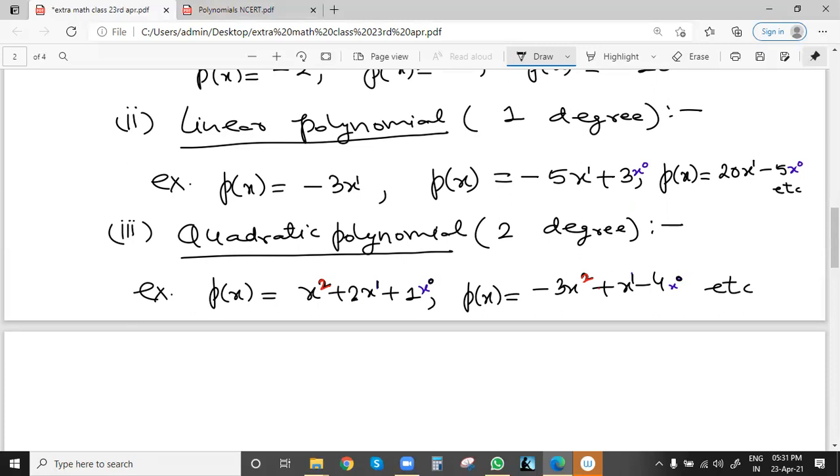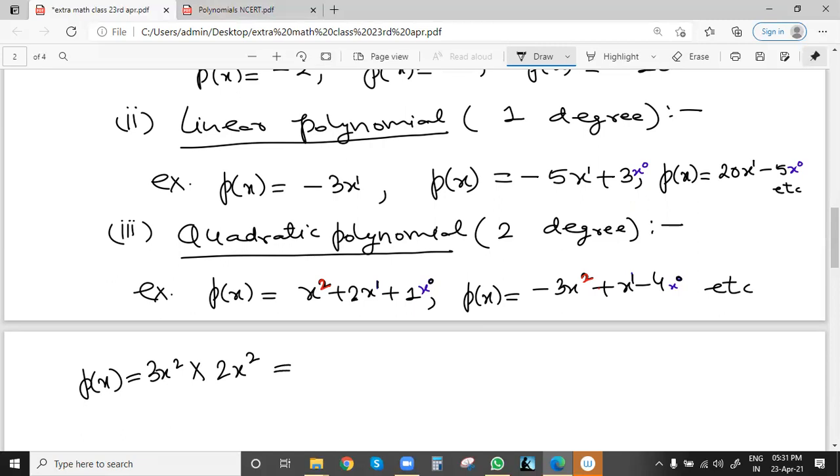Sir, I have a doubt. Yes. When there is a polynomial like 3x square multiplied by 2x square, what will the degree be, 4 or 2? It will be 4.